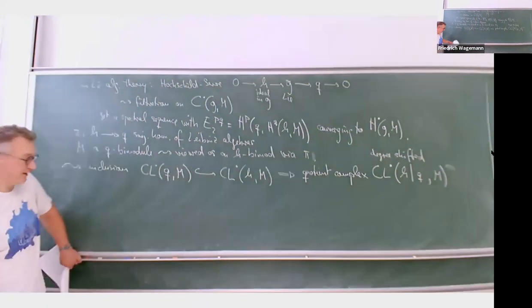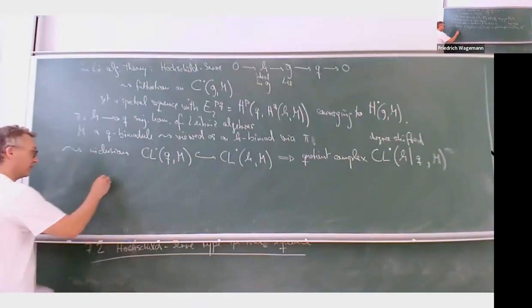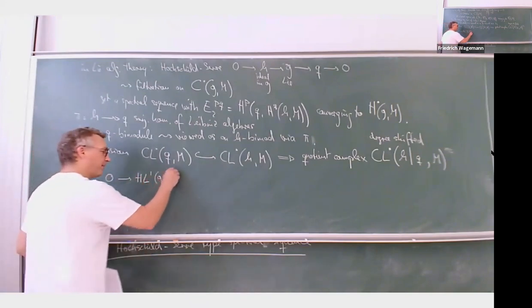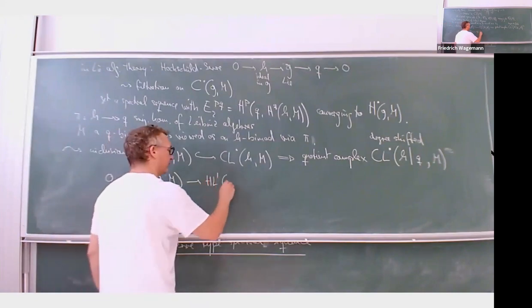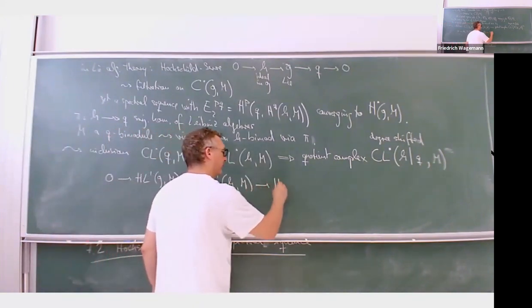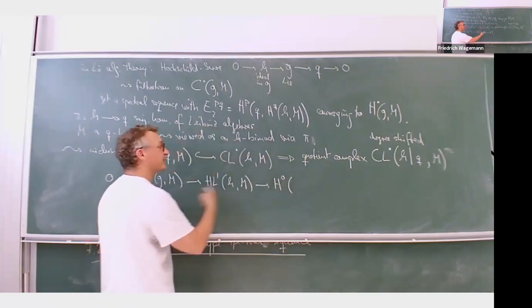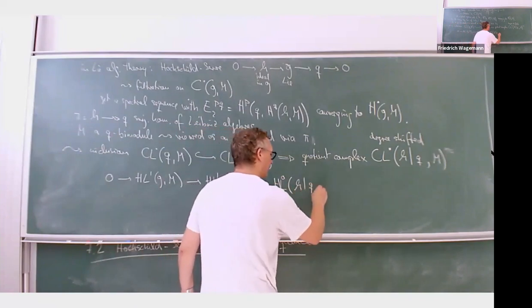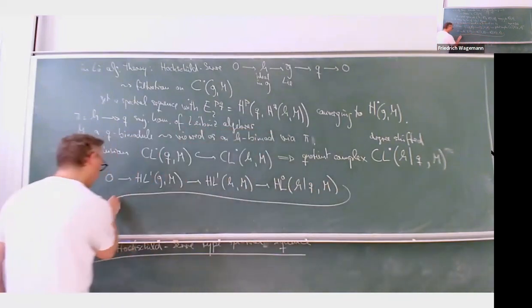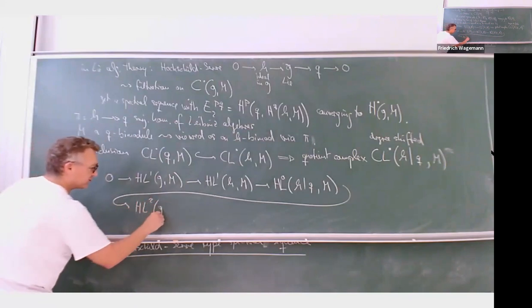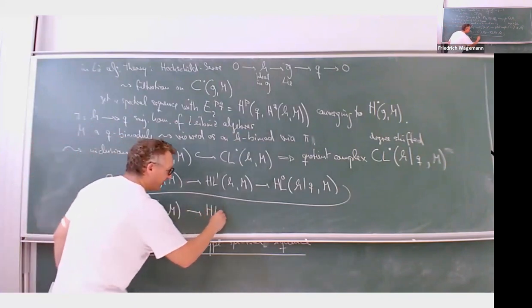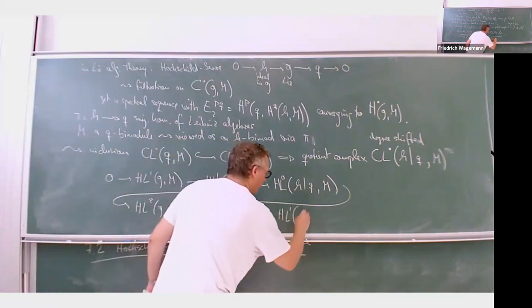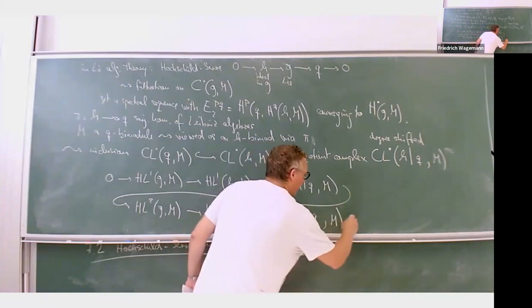And so therefore you get a long exact sequence, which goes like this. And so the degree is shifted here. So this is an H0, and so on.